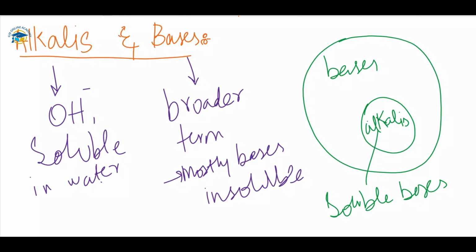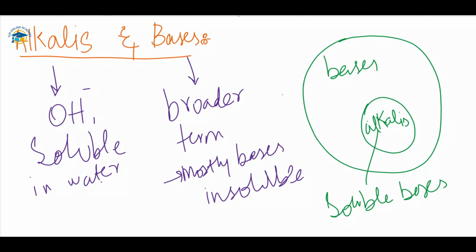So bases is a broader term. Those bases which are soluble in water, we call alkalis, and those bases which are insoluble in water are not included in the alkalis. Alkalis are generally soluble in water, and they give the aqueous solution. That's why a base can neutralize the acid, and when bases are neutralized with acids, they give the salt and the water.